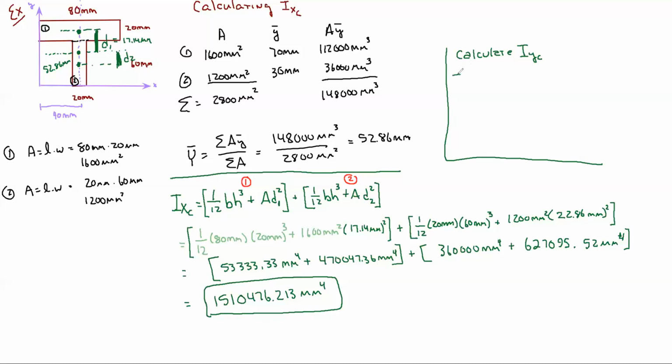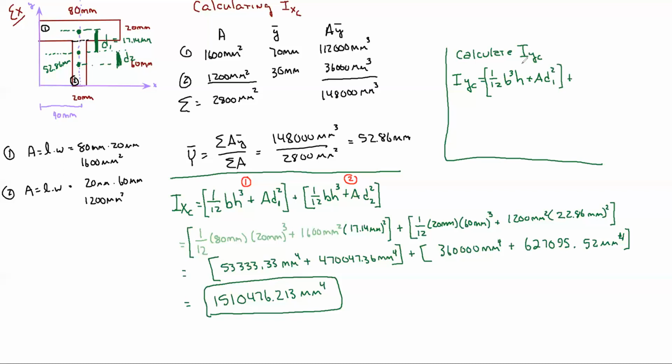The inertia about the y centroidal axis would be equal to 1/12 b to the third h. Remember how I said in the earlier portion of the problem, all we do is switch the exponent for x and y, plus A d1 squared. We're going to talk about that again.